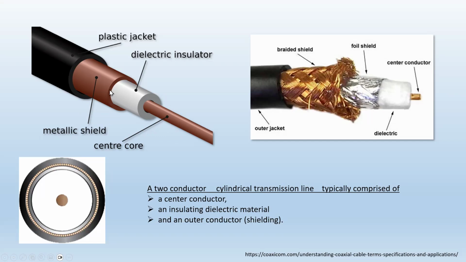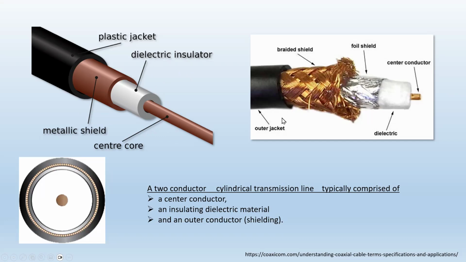These two here are separated by a dielectric, which is an insulator. So in reality, the coaxial cable might look like this.